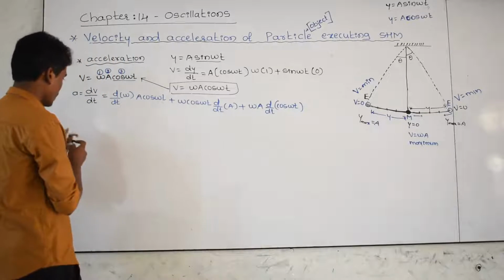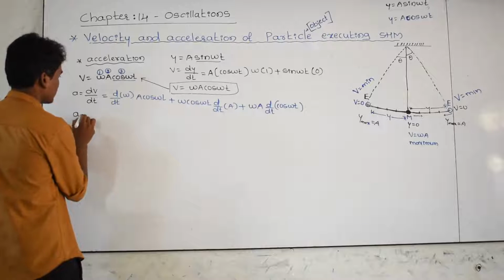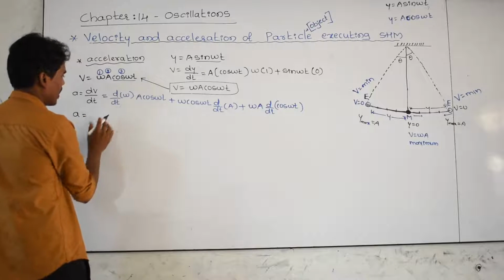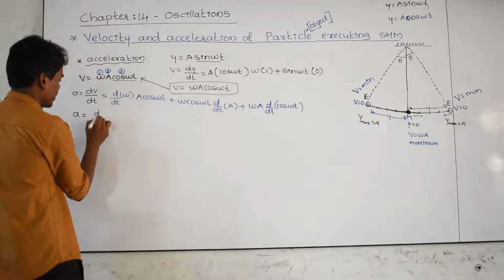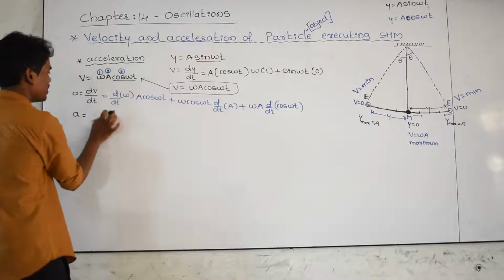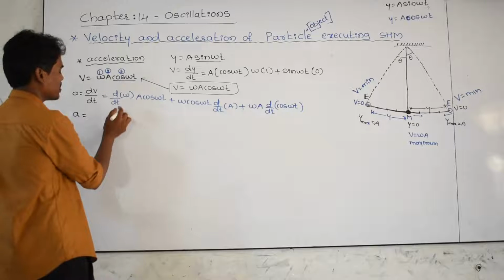Product rule. And here acceleration is equal to d by dt of omega, and d by dt of omega is 0, since it is a constant function and cannot be differentiated.